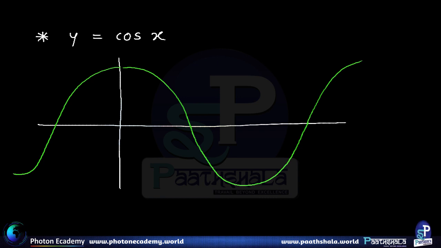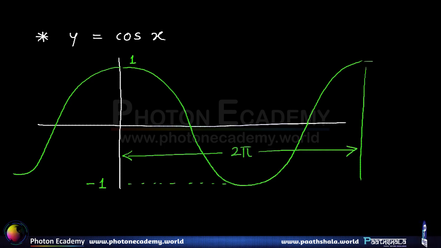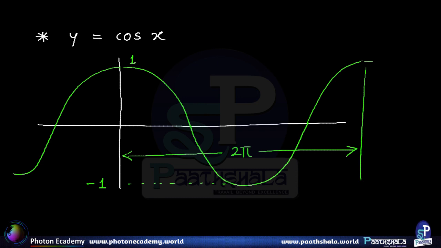Apart from that, other details are the same, that is, the cos function also lies between -1 to 1, and it also repeats with the period of 2 pi radians, because if you see the waveform, it will repeat itself after every 2 pi radians. Then the domain is once again the set of all real numbers, so that part is exactly the same as the sine function.